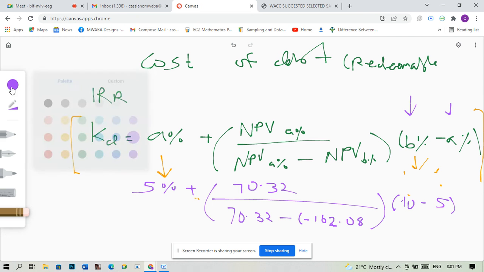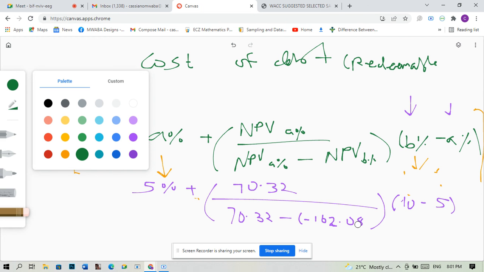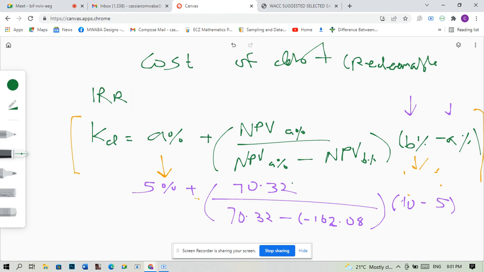So we get our calculators and we start punching in. 10 minus 5, that's 5. Then 70.32 minus negative 162.08 gives us 232.4.